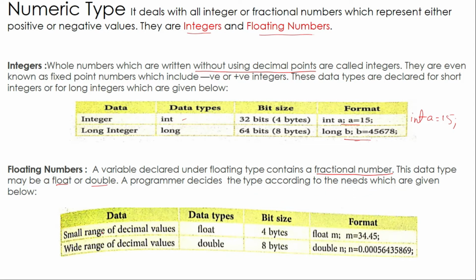Suppose you are storing a small range of decimal values in a variable, then we have to use the float data type. It will occupy 4 bytes of memory, and this is the format for declaring it. And if you are storing a wide range of decimal values, then the double data type we have to use, and it will occupy 8 bytes of memory. This is the format for writing it.